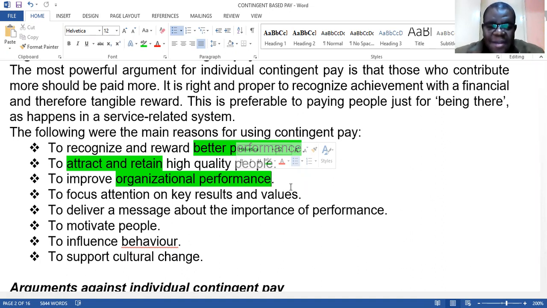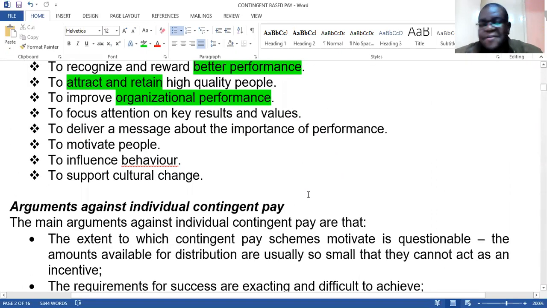You identify the key results areas and the elements that you value as an organization, then you have the employees focus their attention on these to better achieve the organization's objectives. You're able to communicate the performance expectations that you have of the employees, and you are prepared to go the extra mile and reward them better.